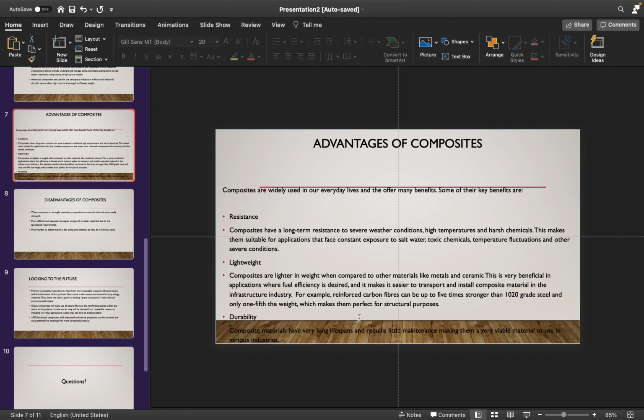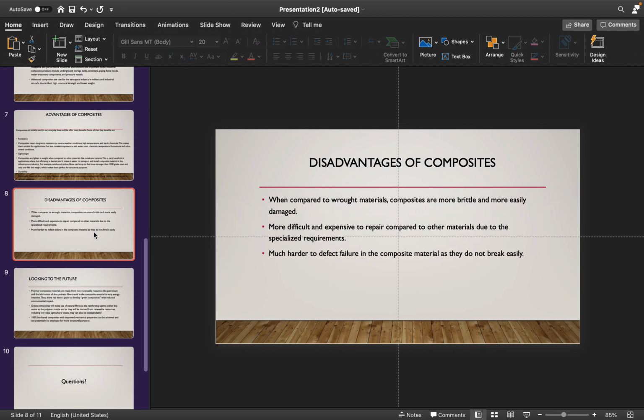They are also very durable, they have long lifespans, and that makes them commercially viable. Disadvantages of composites. When compared to wrought materials, composites are more brittle and more easily damaged. They are also more difficult and expensive to repair compared to other materials due to their specialized material requirements, and it's also much harder to detect failures in composite materials.